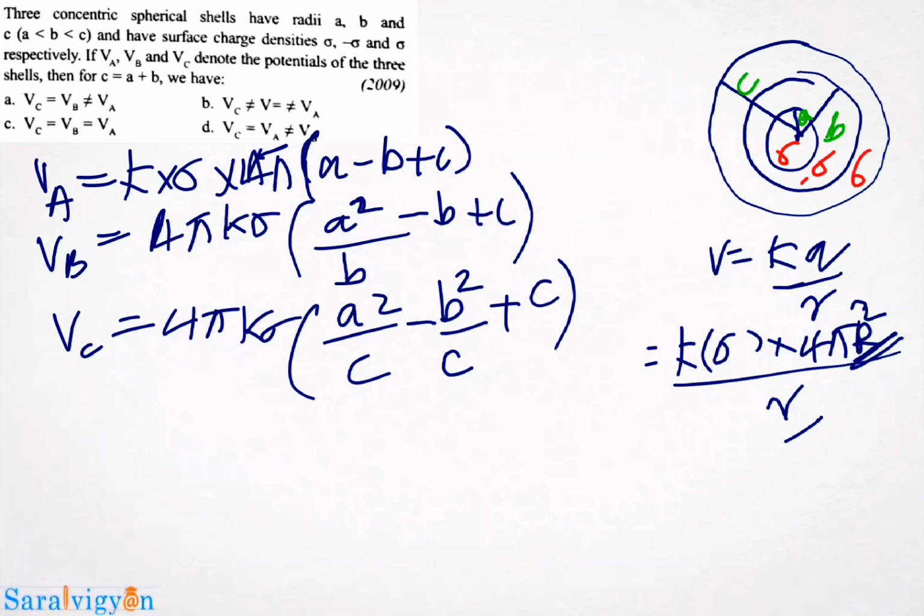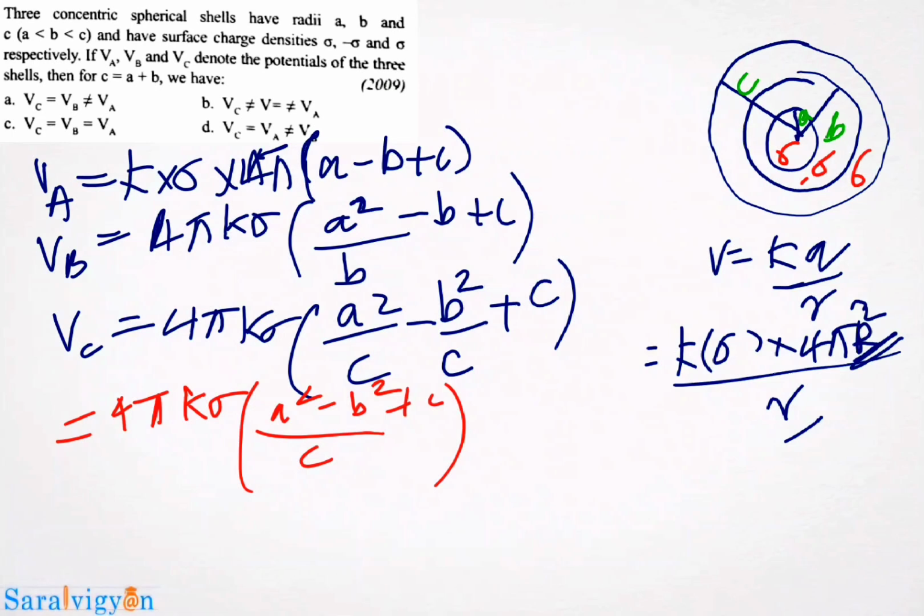We can simplify VC by taking A square and B square together over the denominator C, but we know A square minus B square is equal to A plus B into A minus B as per the identity.